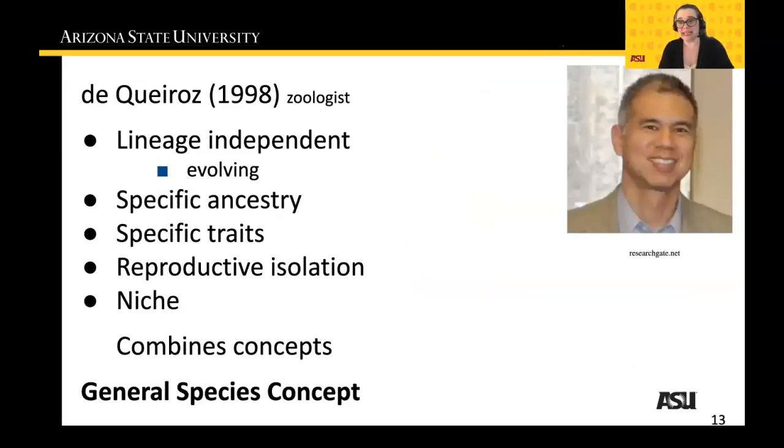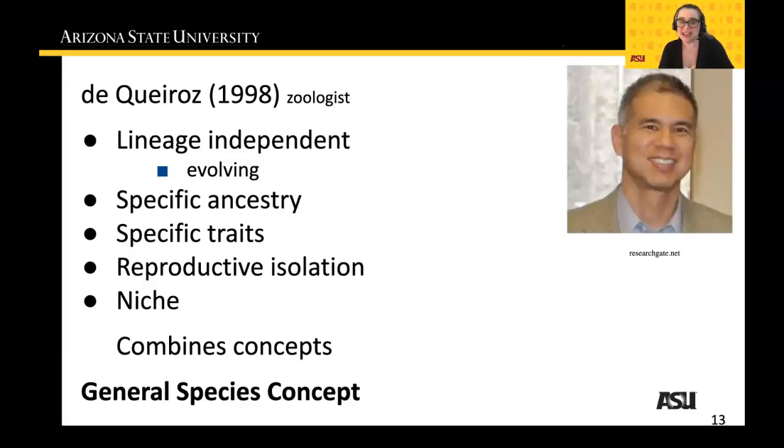In 1998, a zoologist, Dr. Queiroz, expanded on the lineage and said we do have to have evolving lineages, and they are independent from other species. We do have to have a specific ancestry and specific traits. We also have to exhibit reproductive isolation and ecological factors that we adapt to niches.